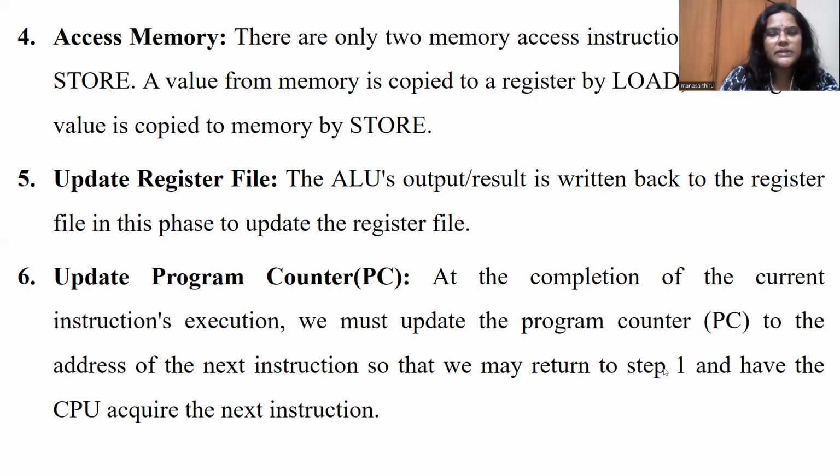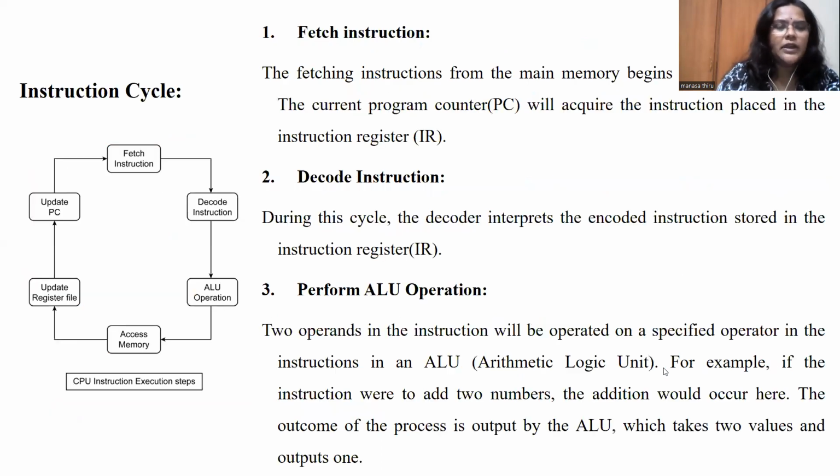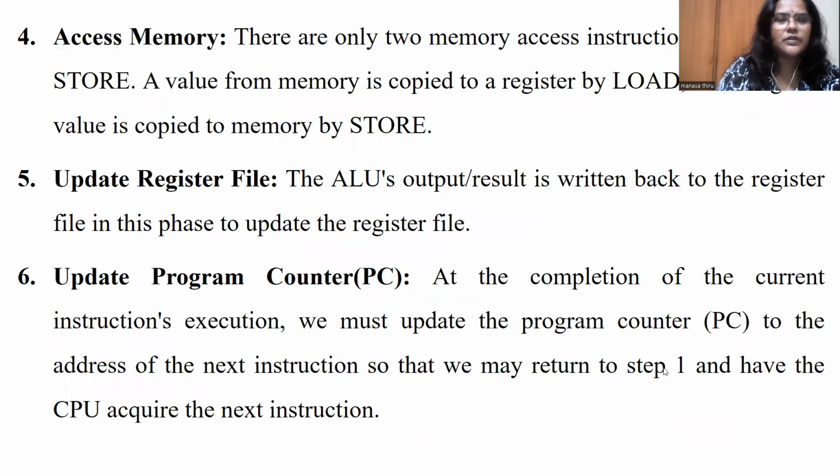So sixth step is update the program counter. At the completion of the current instruction's execution, we must update the program counter to the address of the next instruction so that we may return to step 1 and have the CPU acquire the next instruction. These are the execution of the instruction cycle. So these are the 6 steps which each and every instruction has to follow. So these are the definitions of all those 6 steps.